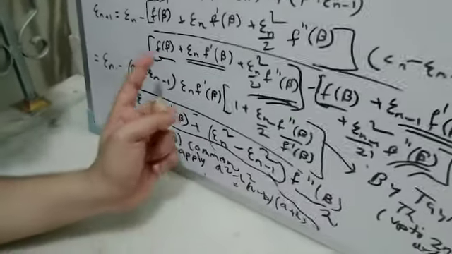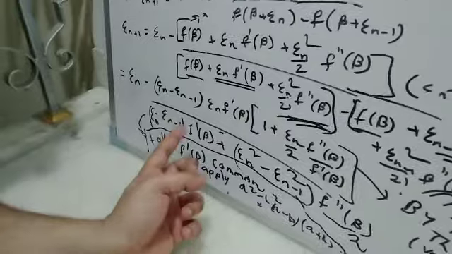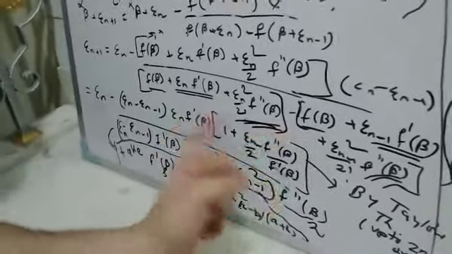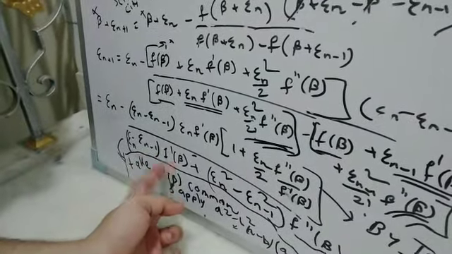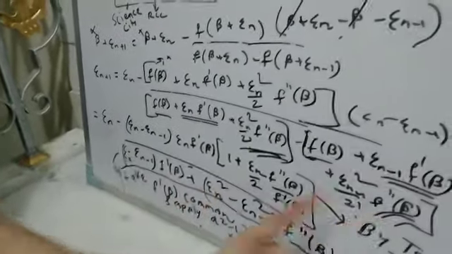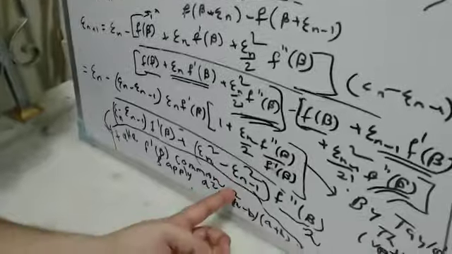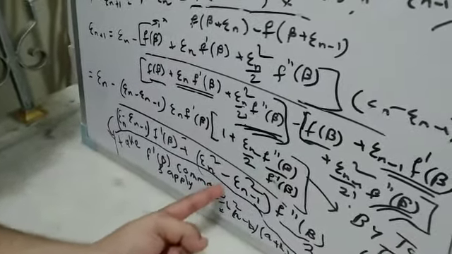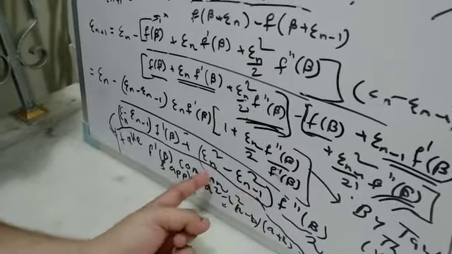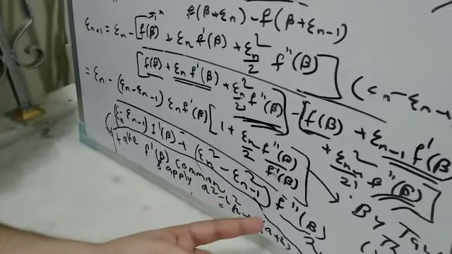In this way I have written this one also. This f(β) is cancelled out, and if you map with this and this, if you take f' common, you will get this. If you take f'' common, you will get this. Now this you can map with the a square minus b square formula, so it can be written as (a minus b)(a plus b).